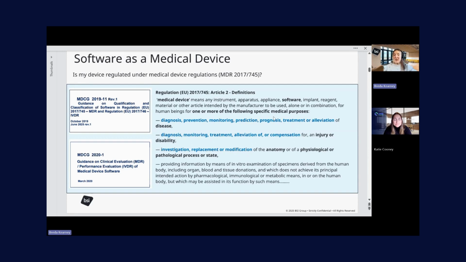We wouldn't obviously see anything to do with investigation, replacement, or modification of the anatomy with the nature of software as a medical device. So typically it's everything to do with diagnosis, prevention, monitoring, predicting, prognosis of different types of disease. So again, definitely worth having a look at those two guidance documents.